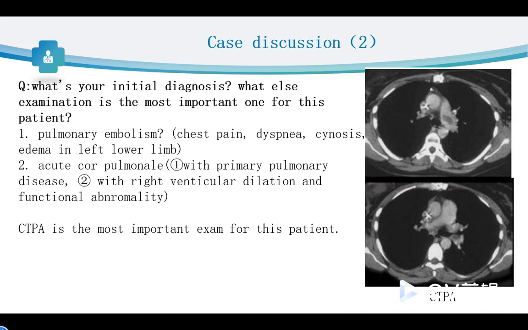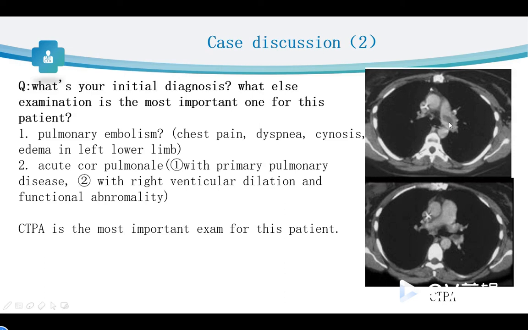So, it's easy for us to identify the vessels, embolisms, lymph nodes, and other soft tissues. In this picture, we can find here shows the aorta, pulmonary trunk, left pulmonary artery, and the right pulmonary artery.